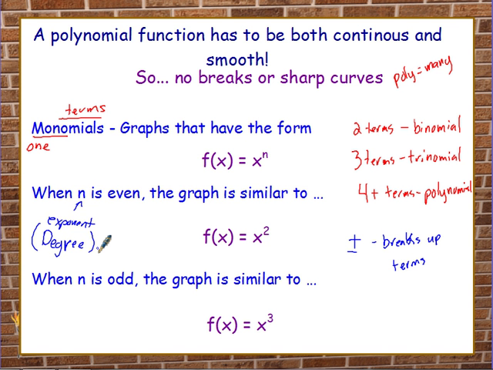It's very subtle. That's a good observation. You know what? I don't think that's true. Pretty close though. That's a pretty good observation. Actually, the smallest difference in the world. The degree is the highest exponent in your equation.